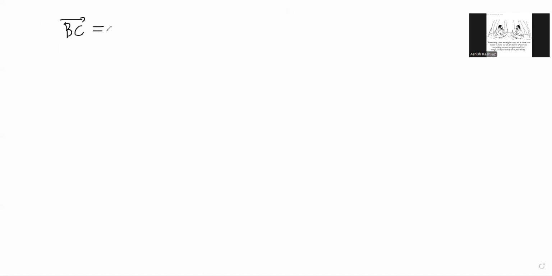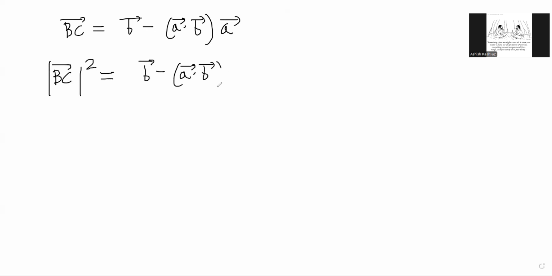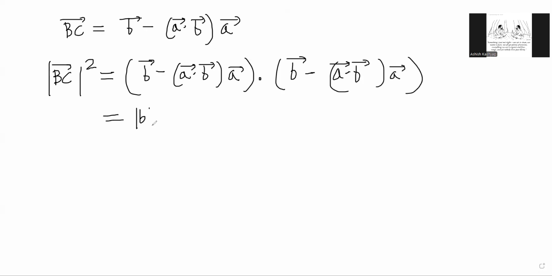So my BC vector is B minus A dot B times A. And if I do BC mod square, that is going to be B minus A dot B times A dotted with itself, B minus A dot B times A. So this will give me mod of B square plus A dot B whole square mod of A square minus A dot B, A dot B and A dot B, A dot B. So you will get 2 times A dot B square, right?